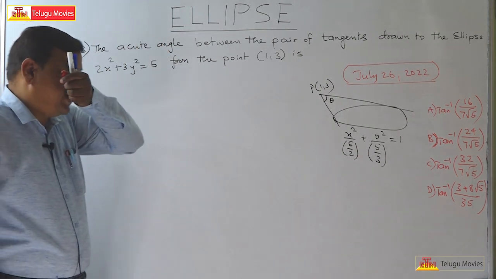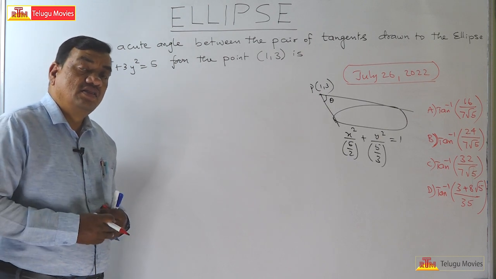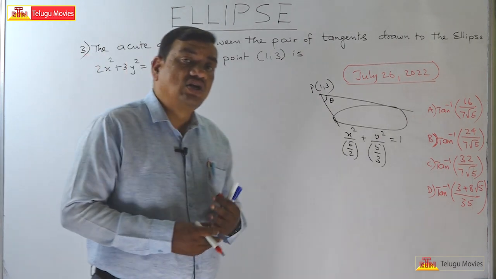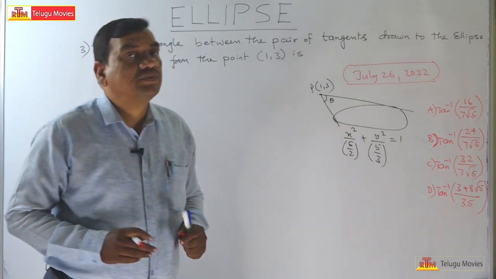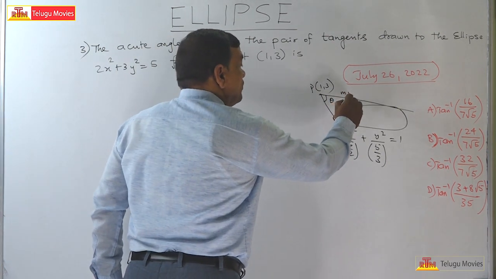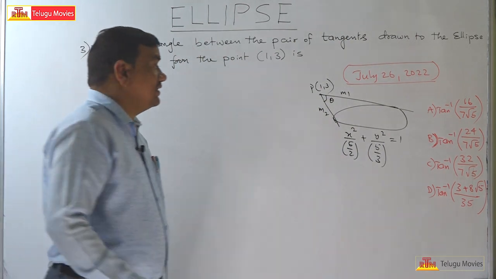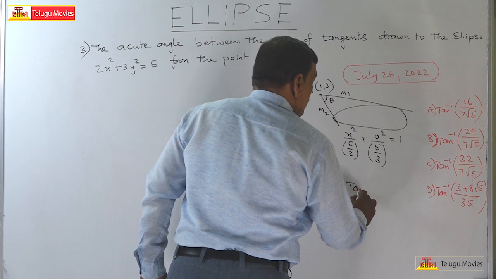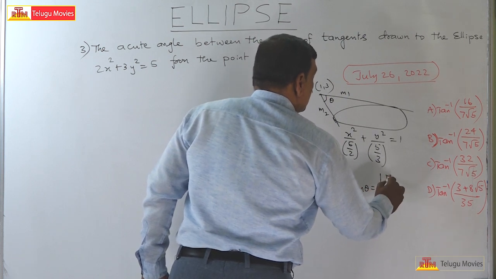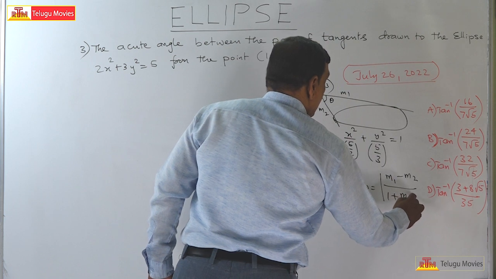How to find the angle between a pair of tangents? Immediately, from the 11th class of CBSE, whatever board may be there, we have one formula. If the slope of one line is m1 and the slope of the other line is m2, then tan θ = |(m1 − m2)/(1 + m1 m2)|.